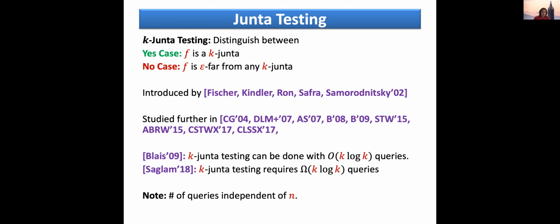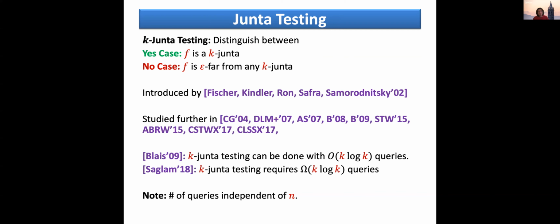Blais showed that any k-Junta can be tested with just k log k queries to f. And recently, Sağlam showed that this is actually necessary. You need k log k queries to test any k-Junta. Another important thing that I'll point out here is that the number of queries is independent of n, which is the ambient dimension.